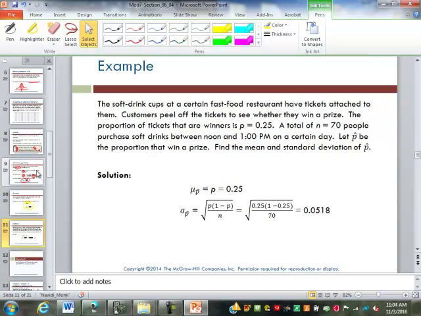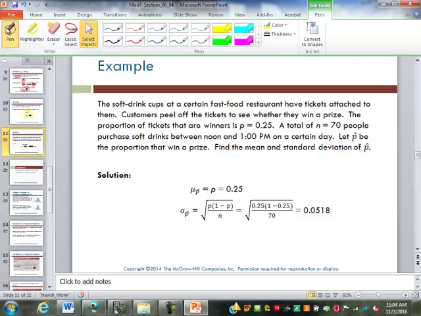So here's an example for us. Let's say we've got a soft drink cup that you peel off the ticket to see if you win. The proportion of tickets that are winners is 0.25. A total of 70 people, so taking a sample size of n equals 70, will get their soft drink, and we are going to peel the sticker.